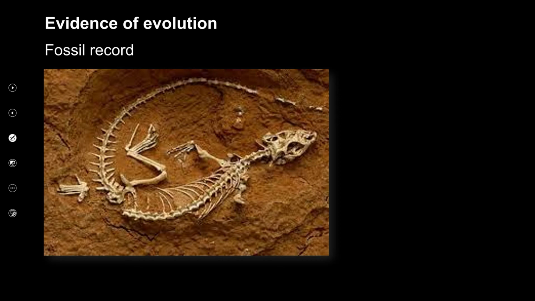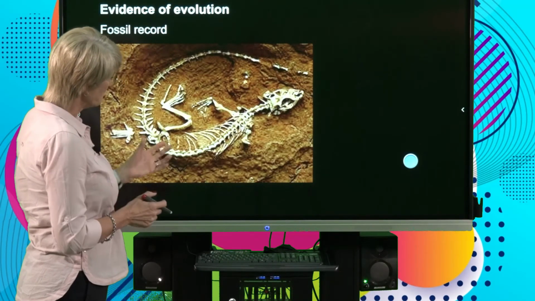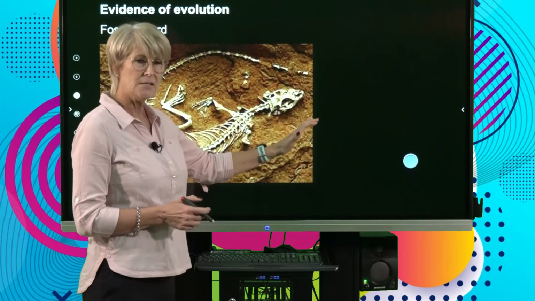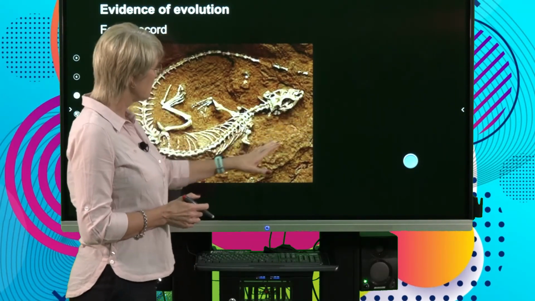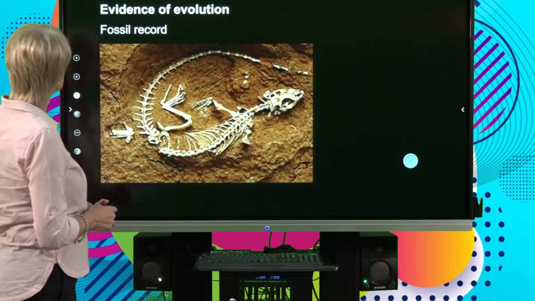Remember, it's usually just the bones that have become fossilized, so when archaeologists work on the fossil record, they work very carefully and with very fine tools to let the fossil emerge out of the rock. Because remember, it is in rock, it's not in soil. These have been fossilized in rock, so it becomes quite difficult.